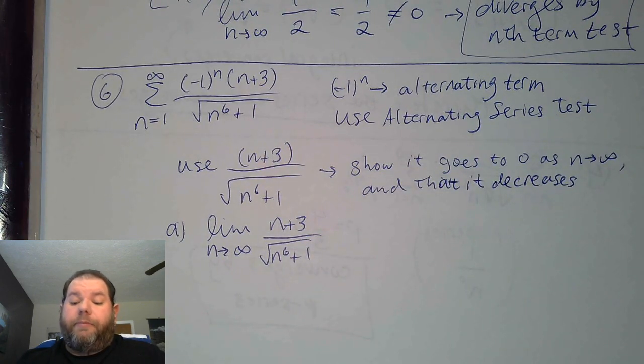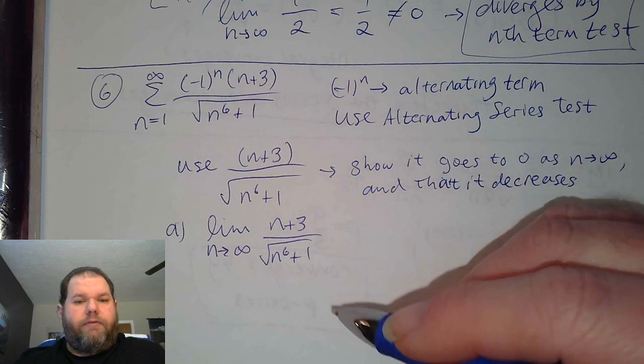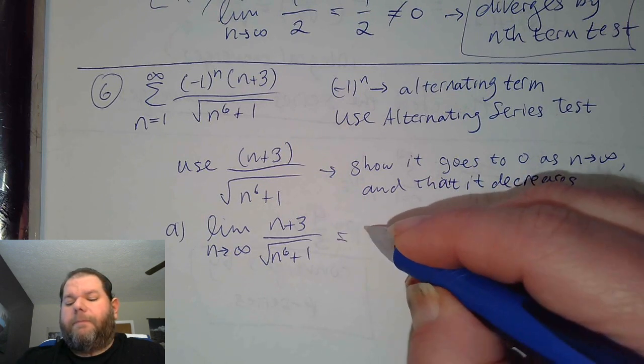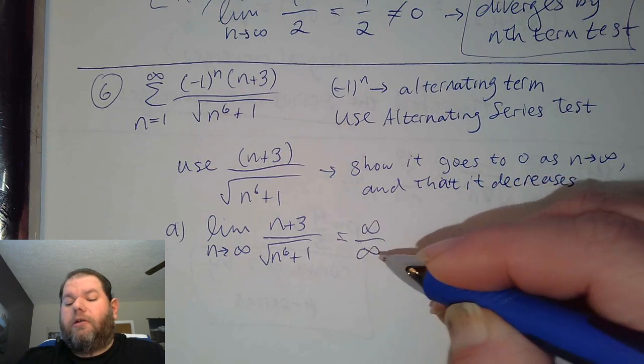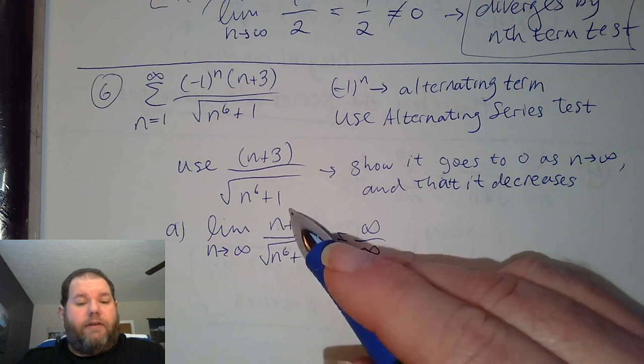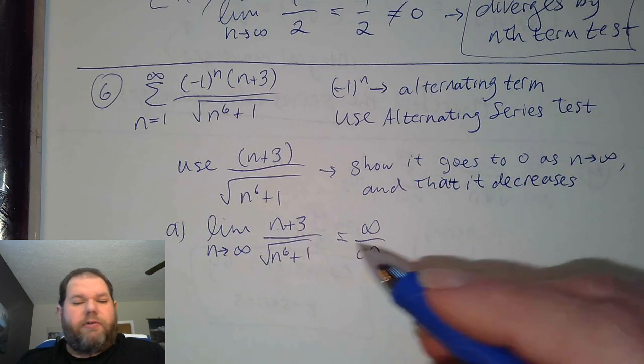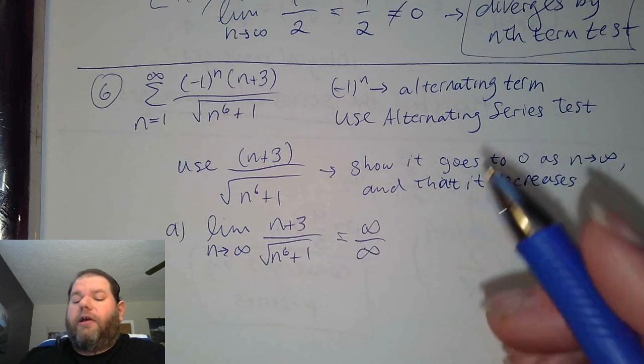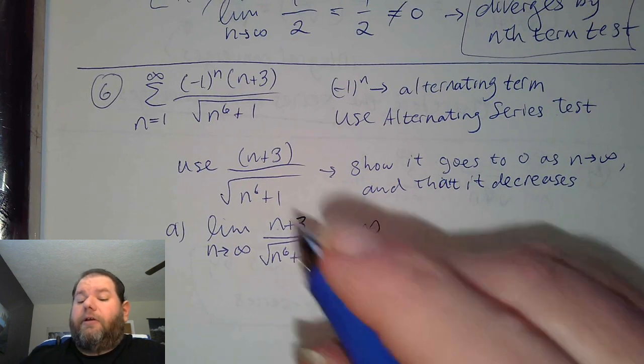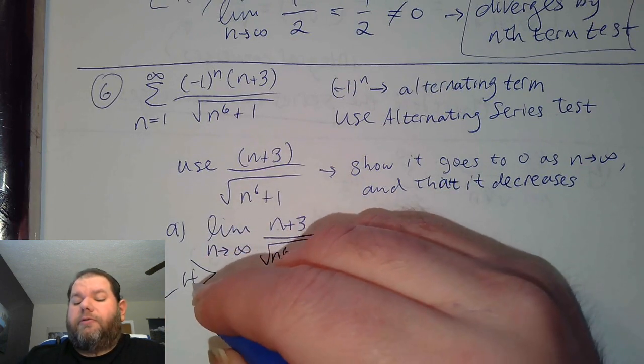Now, this one's a little bit trickier, but it's not too bad. We know it's infinity over infinity to begin with, because we have n's on top and on bottom. Even the square root doesn't really affect it. This is to the 6th power. So we can use L'Hopital's rule.